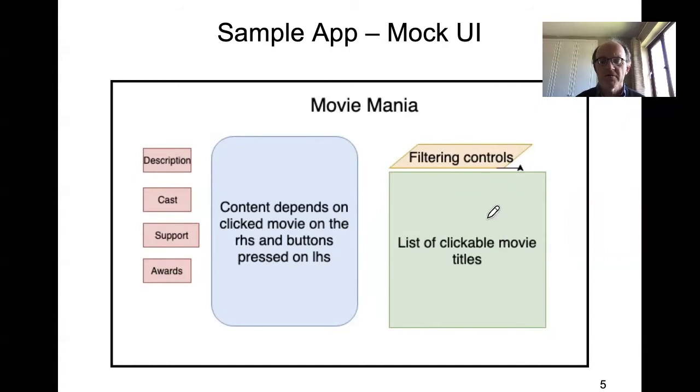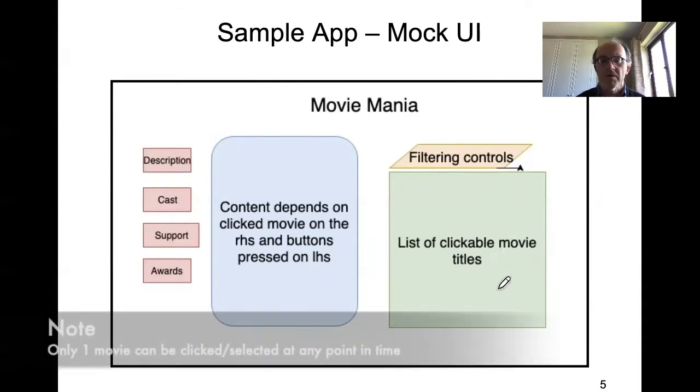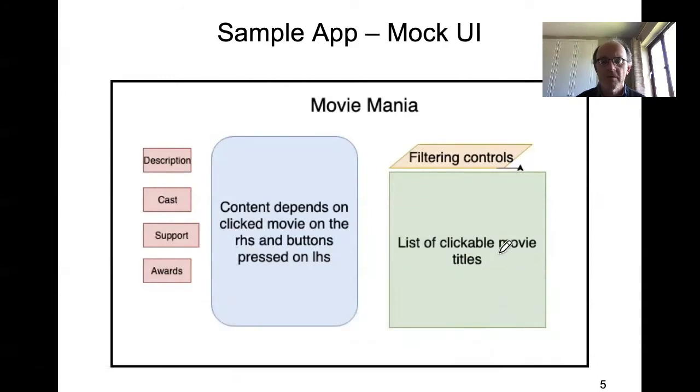This part of the UI would be a list of movies, just maybe movie titles listed here. And the titles would be clickable, which is important in a moment. And I guess this area is scrollable as well. I've also got the ability to filter this list of movies by means of some user input here. Again, it might be a text box, drop-down menu, doesn't really matter, but there is some sort of filtering capability here to allow me to filter the list of movies.